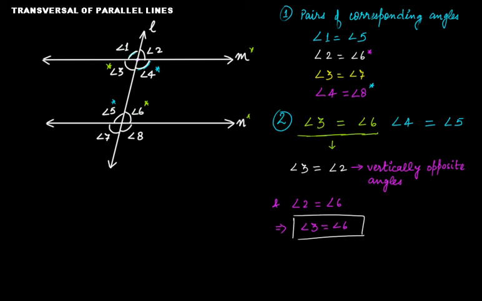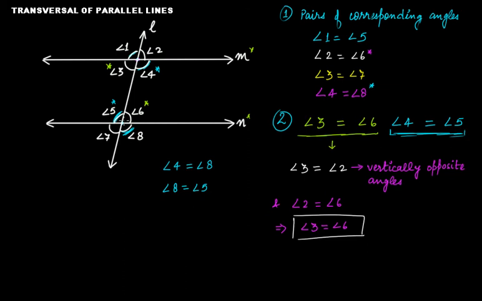Now let's prove angle 4 is equal to angle 5. We'll follow the same steps. We know that angle 4 and angle 8 are a pair of corresponding angles, and they are equal. Angle 4 is equal to angle 8. Now, since angle 8 and angle 5 are vertically opposite angles, angle 8 is equal to angle 5.